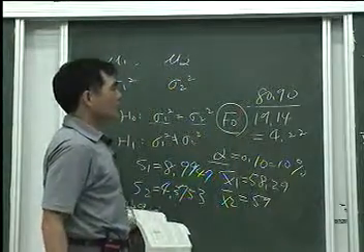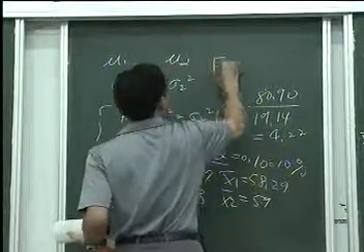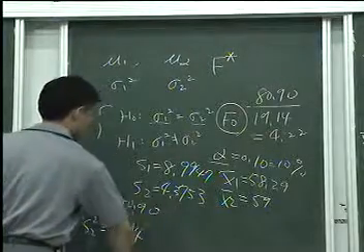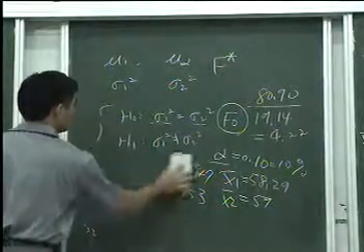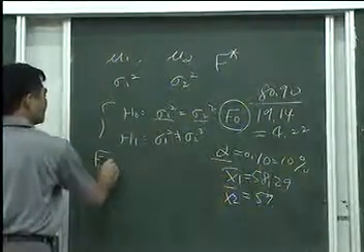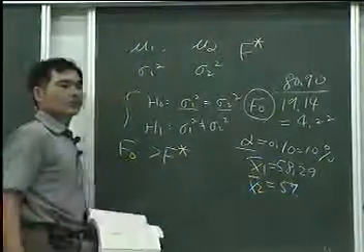And then we have to test it, okay? Compare this with the F star. This is the critical value, right? So if F naught, this observation value, is greater than F star, the critical value, what would you do?